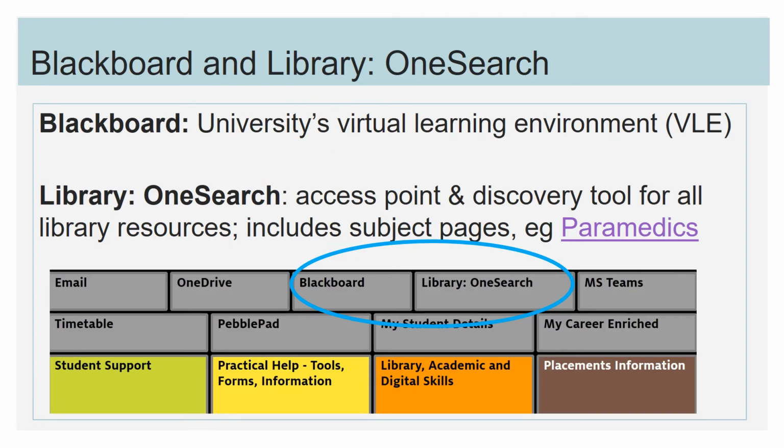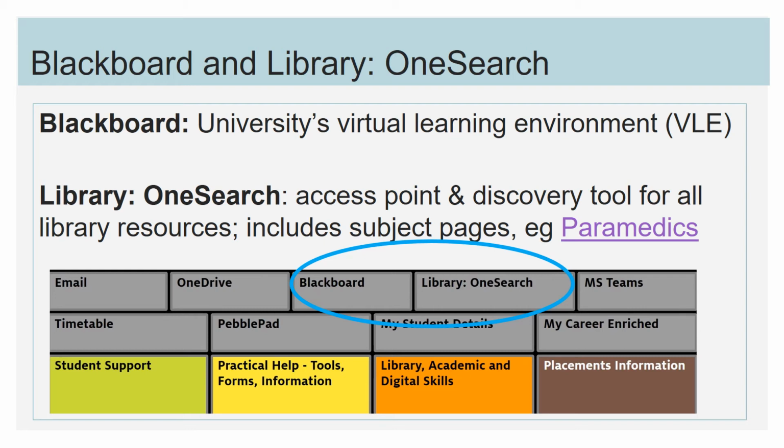So two of the systems that I just want to flag to you briefly, but you'll be finding out more about these later. One is Blackboard, which is basically the university's virtual learning environment. And the other one is Library OneSearch, which is the access point into OneSearch, our discovery tool for all the library resources.